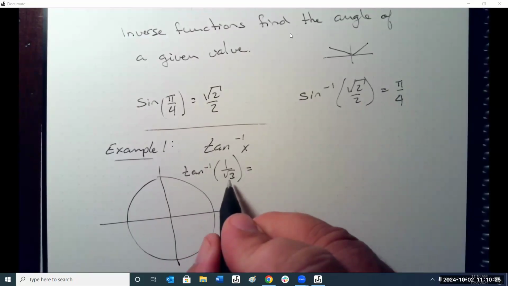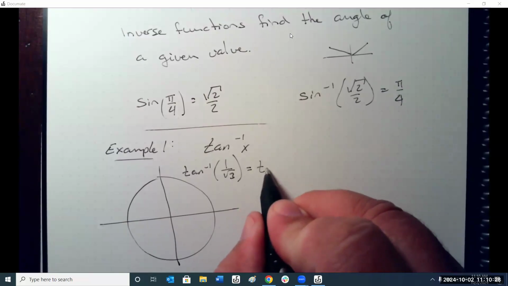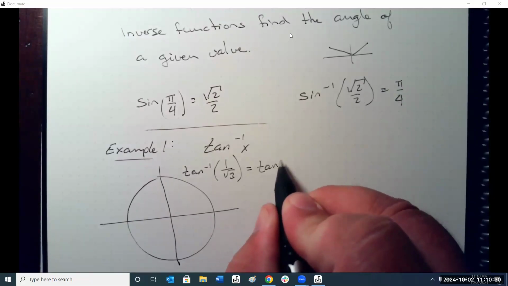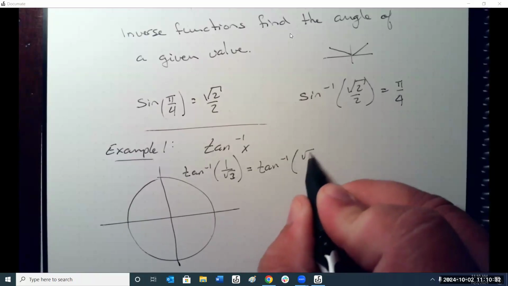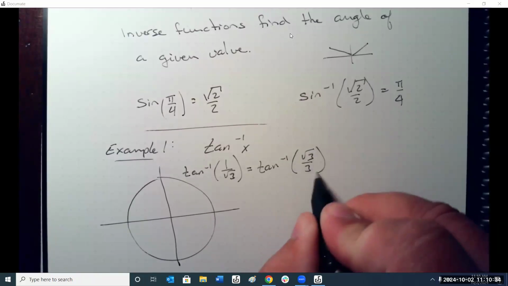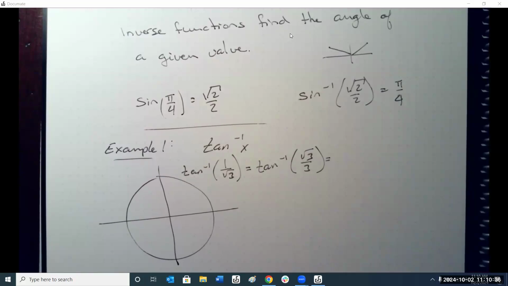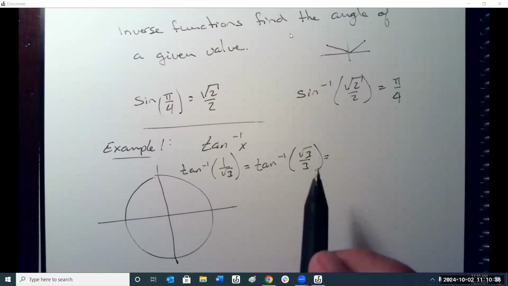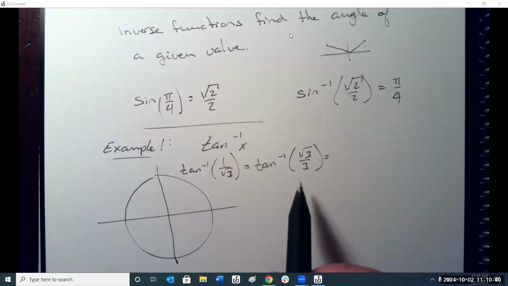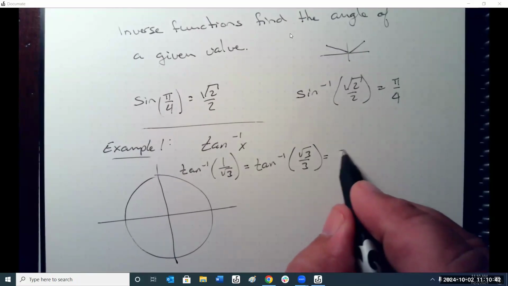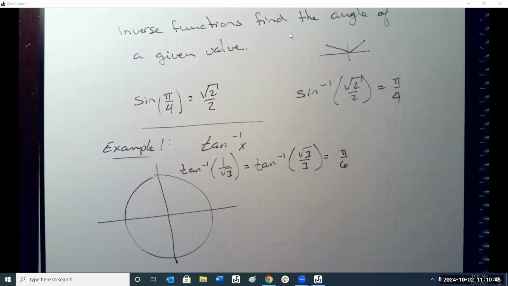Remember, you can't have a radical on the bottom, so we have to rationalize it. So it's just square root of 3 over 3. So now what we're looking for is, what is the angle that makes tangent equal square root of 3 over 3? Pi over 6.